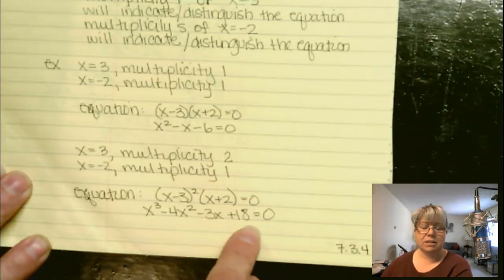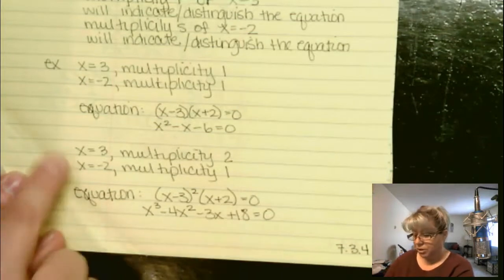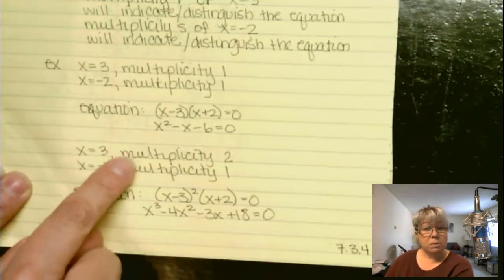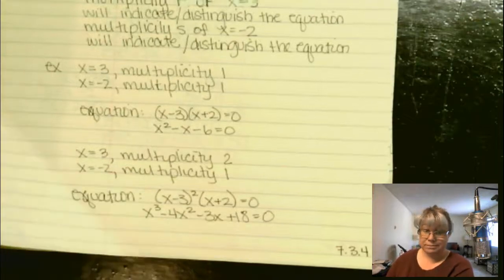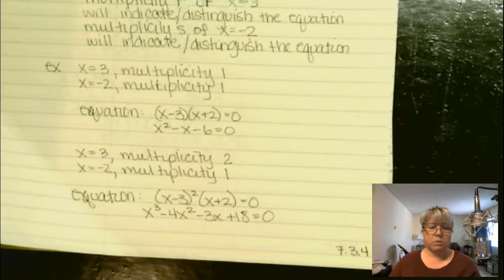Sorry, plus 18 equals 0 would be the equation that comes out of the two solutions with the multiplicities as 2 and 1. And again, you would have a different equation if the multiplicities were reversed. If you had x equals 3 with multiplicity of 1, and x equals negative 2 with multiplicity of 2, that would look like a different equation, although the solutions still hold.